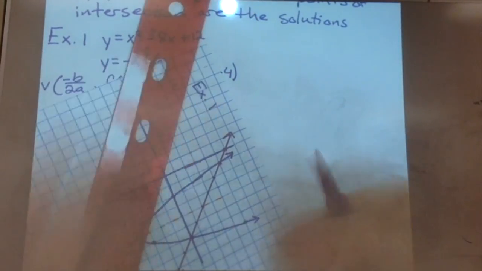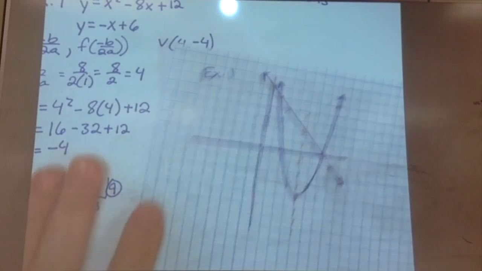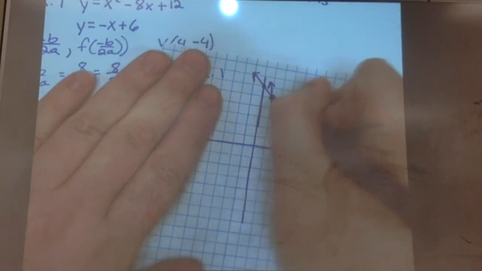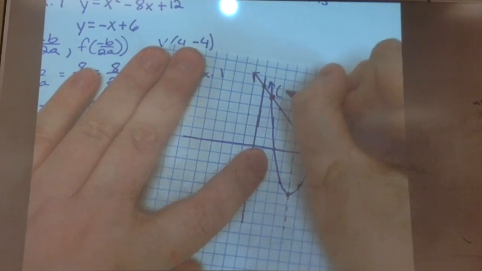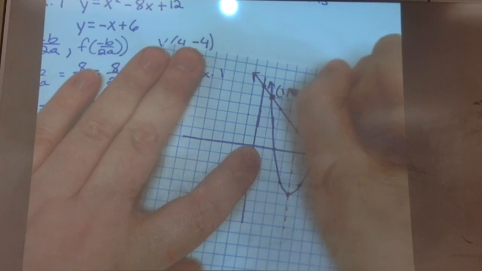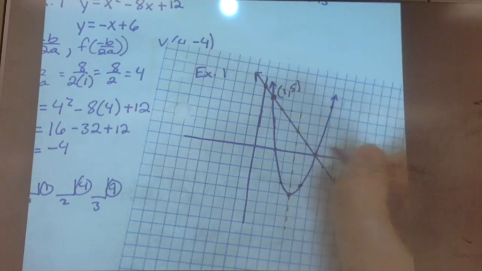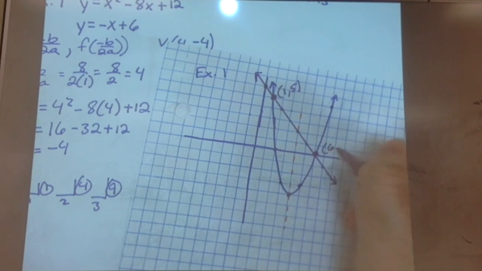And then you should have your 2 points of intersection, which if you drew this very carefully, you should be able to identify. So this point right here is the point (1, 5), so I went right 1 and up 1, 2, 3, 4, 5. And this point is the point, let's see, I went right 6 and up 0, so (6, 0).